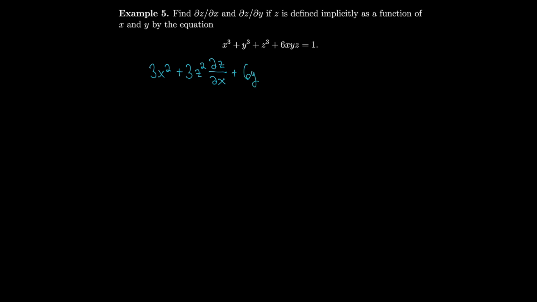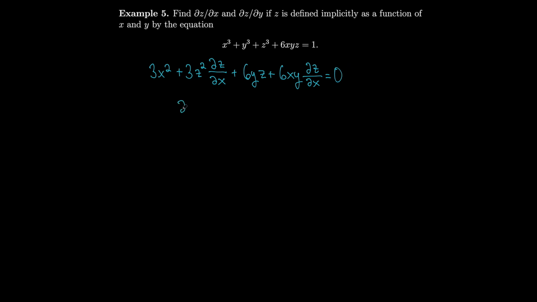And then by the product rule, I still need my z without the derivative. Then I need to differentiate the other part, so I keep the 6xy, don't differentiate that, and now I'll need to differentiate z. So that's partial z with respect to x. And then differentiating 1 just gives 0.